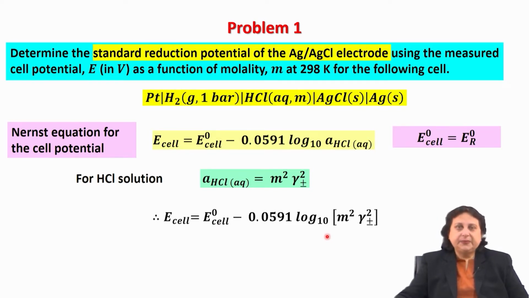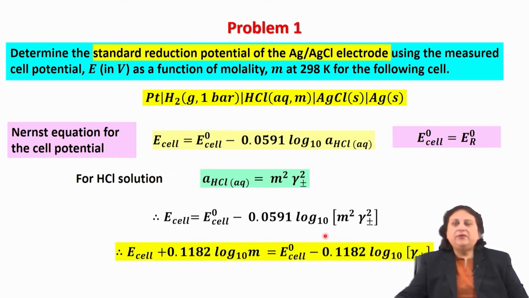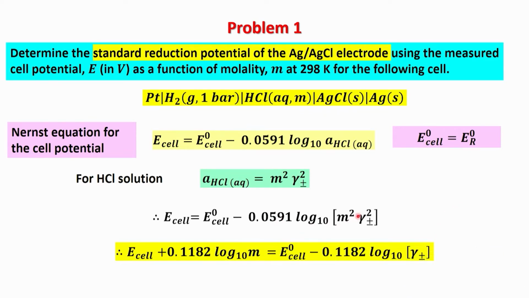So, if I put this back over here, this is what I get as my working formula for the given electrochemical cell. Now, what I will do is separate out the terms from whatever I have within the log and take the m dependent term to the left hand side. So, what do I now have on the left hand side?